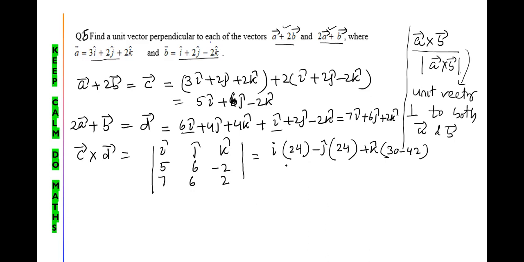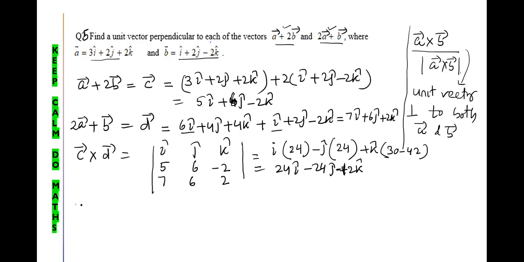So you are having 24i minus 24j minus 12k. Okay, this is C cross D.